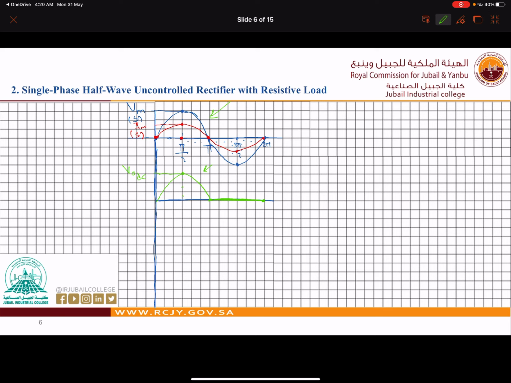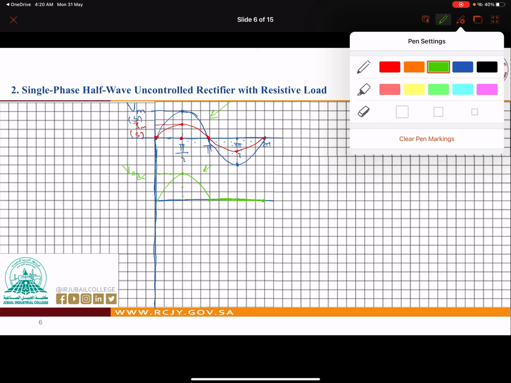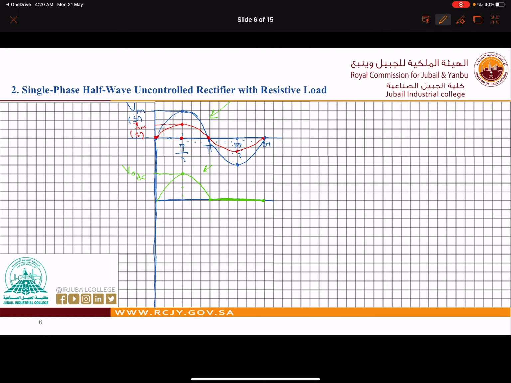Now for the current I'm going to draw it with an orange color. Again the current will be the same as here, but it is half, so this is our current, and it will be from 0 up to 2 pi. So this is the current I out DC.